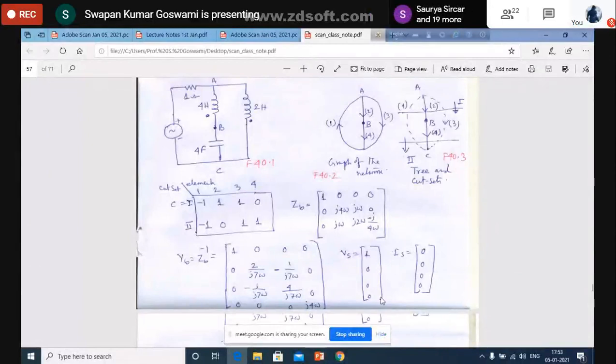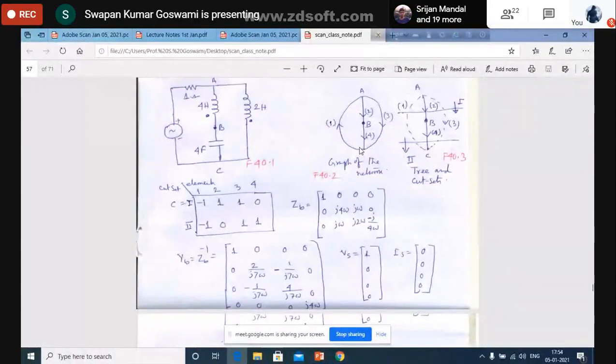So in the next class, let me show one more example including the current source, for completeness. If there is a current source, to decide whether it is a positive or negative source, you see the direction of current through the internal impedance of the current source.